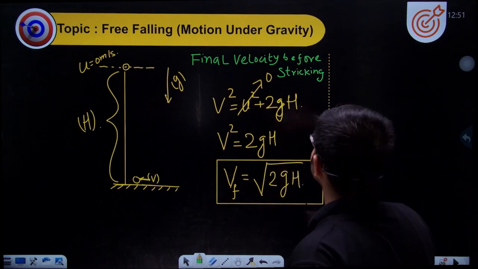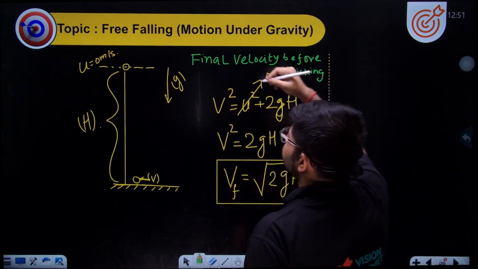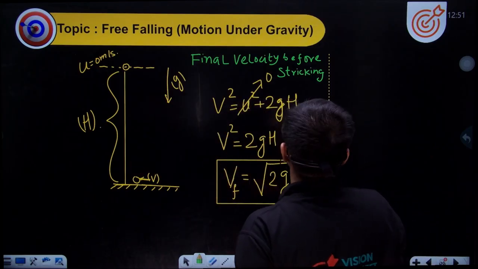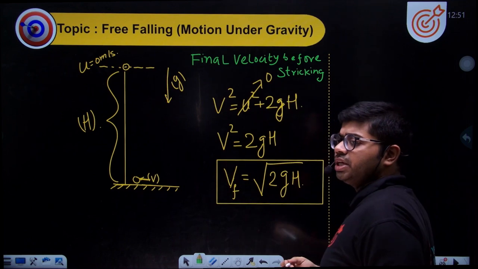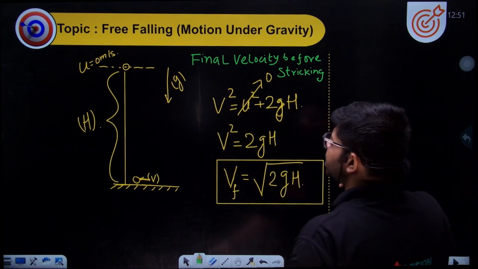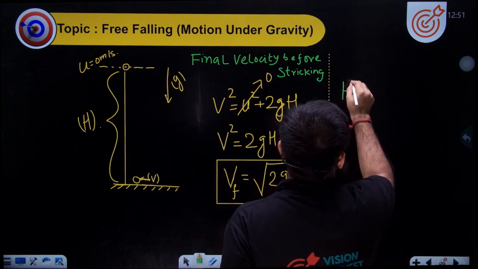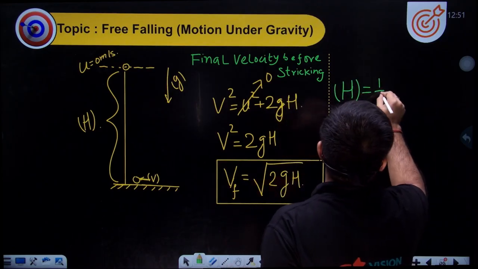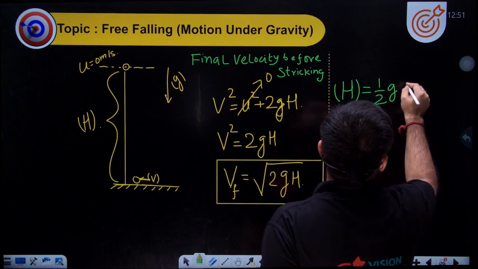Now what is going to be the time? How much time is it going to take? If we calculate, then s equals ut plus half at square. That equation we will take. s means h here. So h is equal to ut, u is 0, plus half g t square.